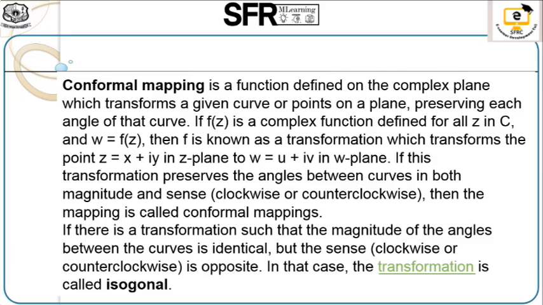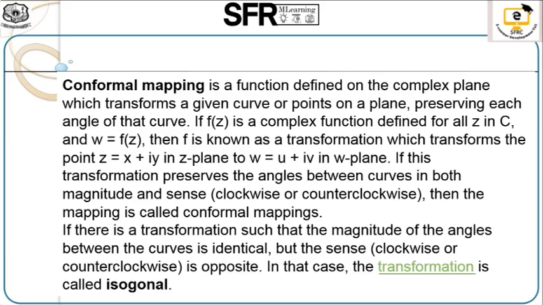The transformation takes the point z equal to x plus iy in the Z plane to the W plane, represented as W equal to u plus iv. If this transformation preserves the angles between the curves both in magnitude and in sense, that is, whether positive or negative, counterclockwise or clockwise, then the mapping is said to be a conformal mapping.